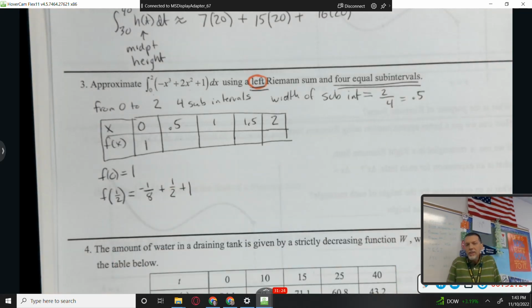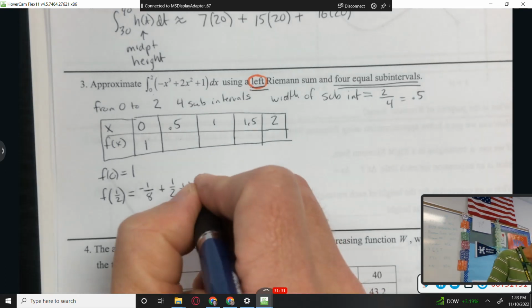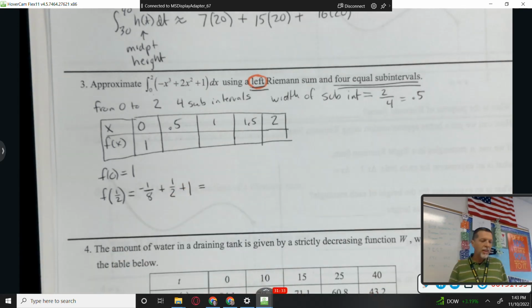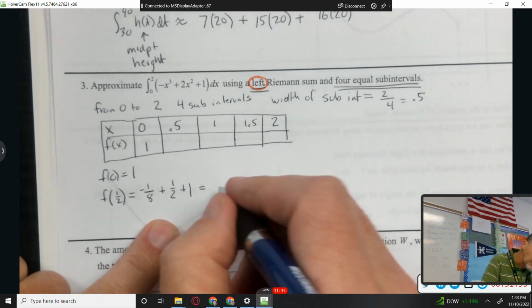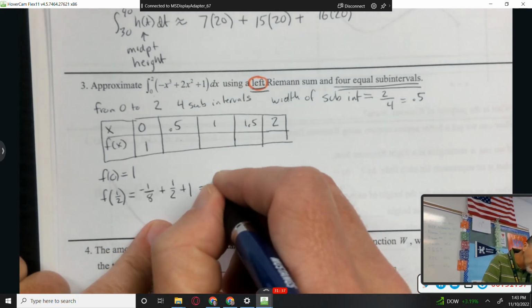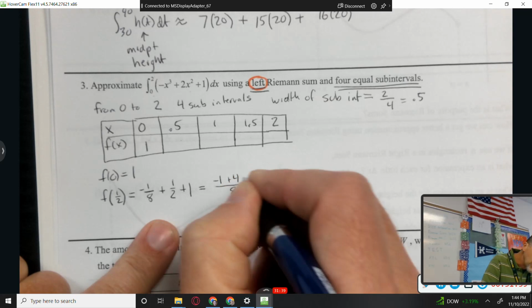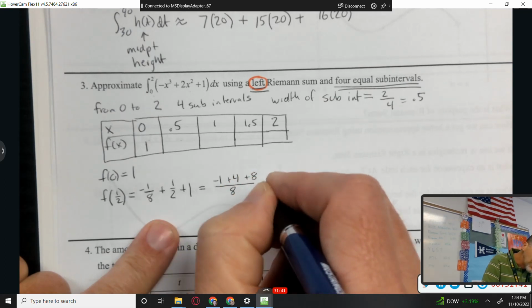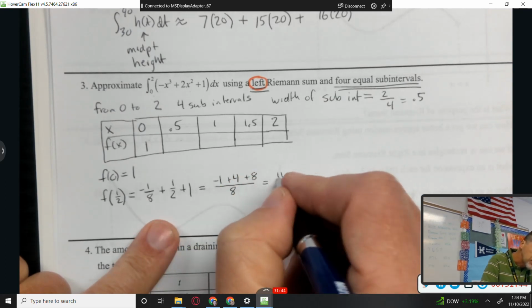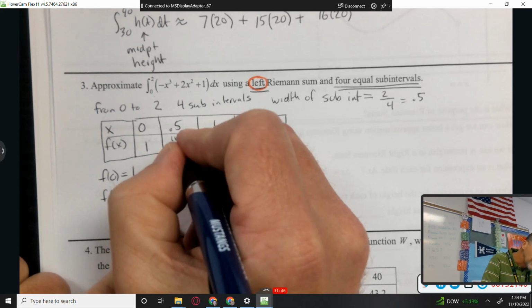You could leave that and just carry that all the way through. But I think rather than write it all out, I can figure out what it is. If I put them all over 8, it isn't too bad. -1 plus 4/8 plus 8/8 would be 11/8.